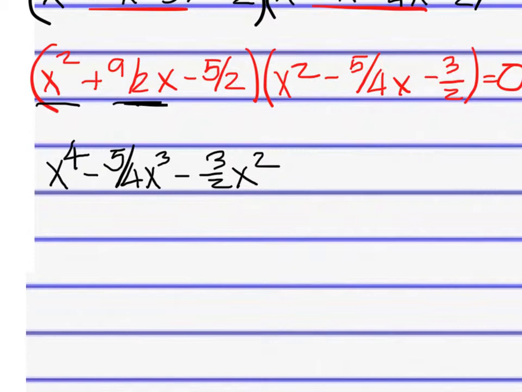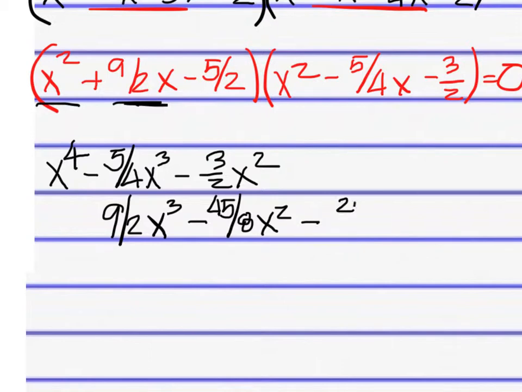So now we're multiplying 9/2 x by x squared. So that's going to be 9/2 x to the 3rd, and then minus 45/8 x squared, and then minus 27/4 x.